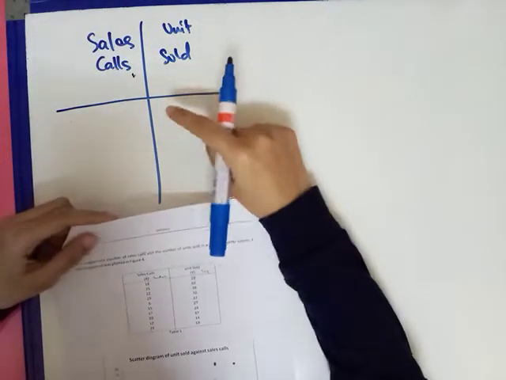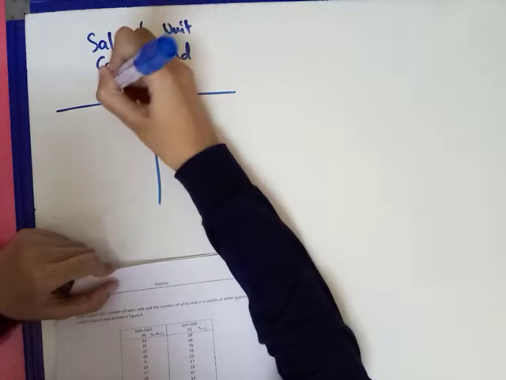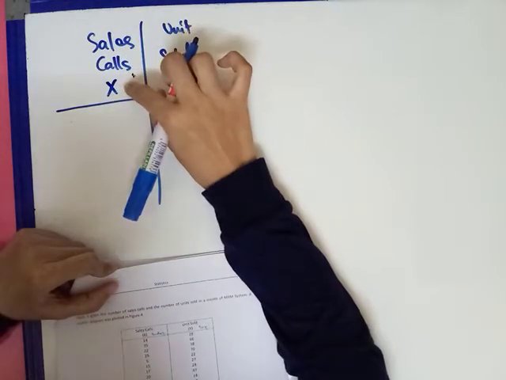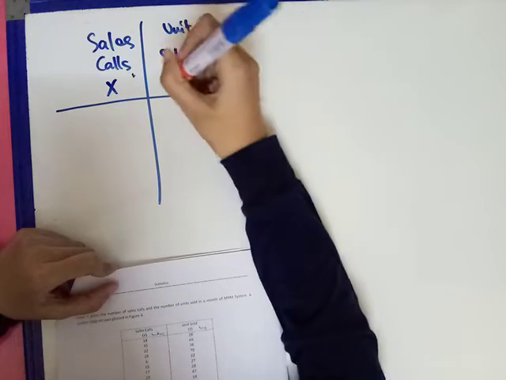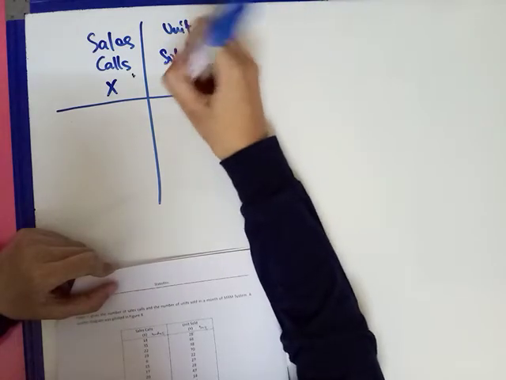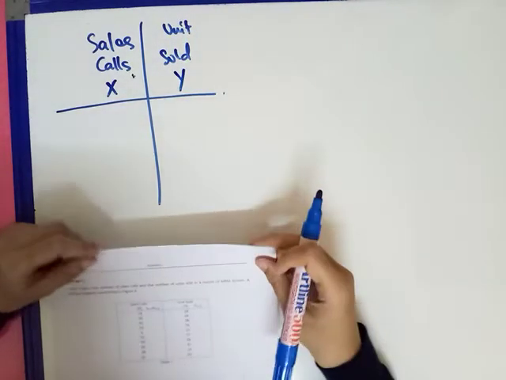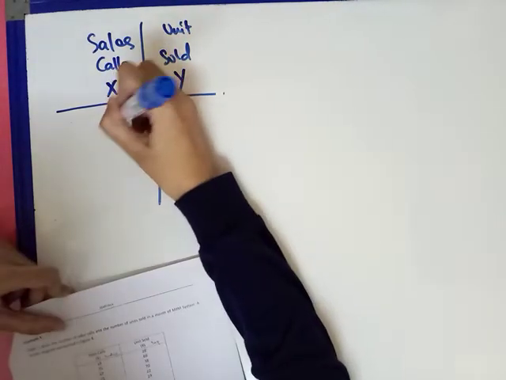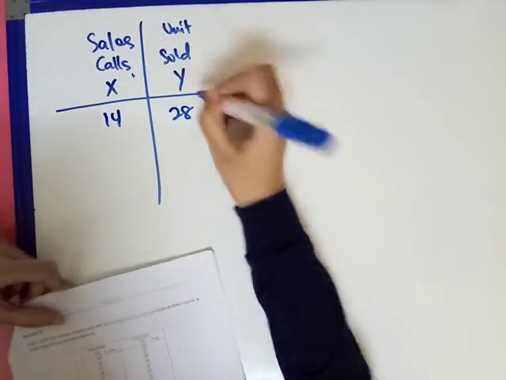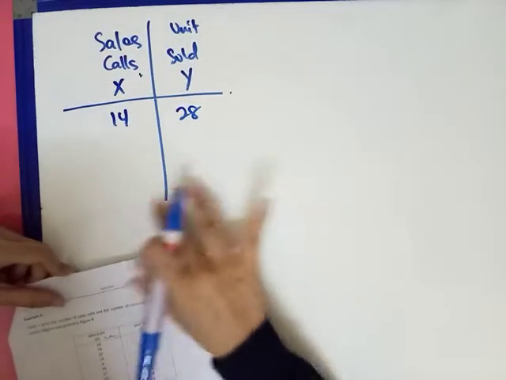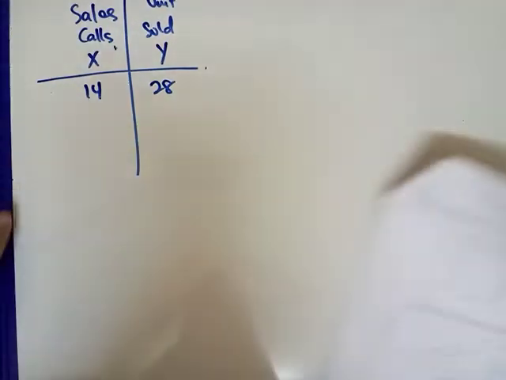And then we know that sales calls is X. X, what is meant by X? It is the independent variable. Unit sold is Y, the dependent variable. Okay, and then we have data here, 14 for example, 28. Okay, and then awak tahu kan macam mana nak lukis scatter diagram?